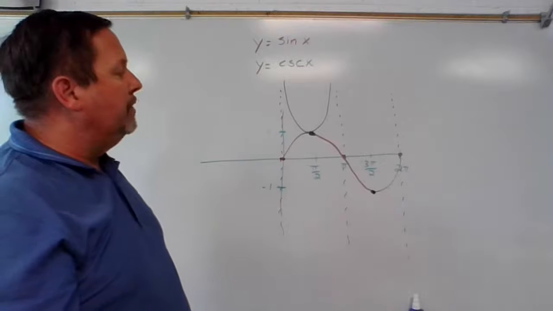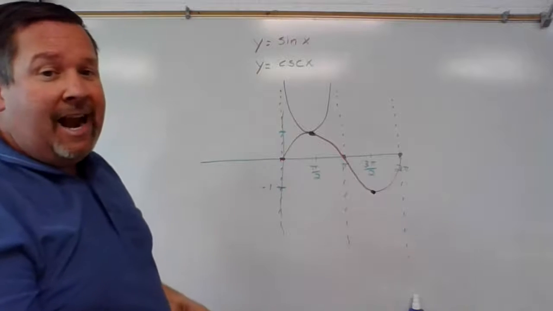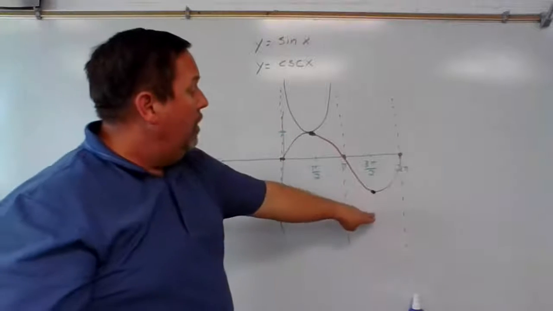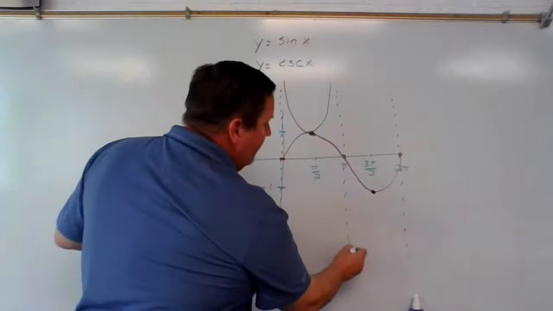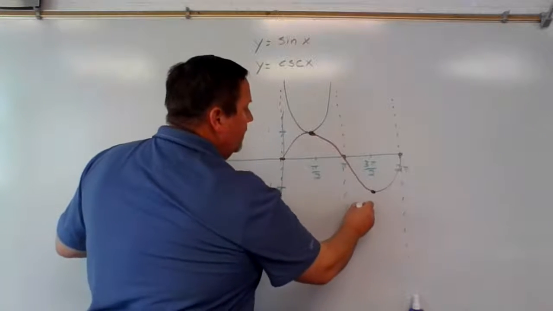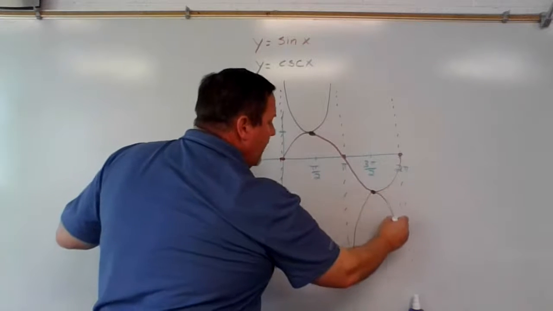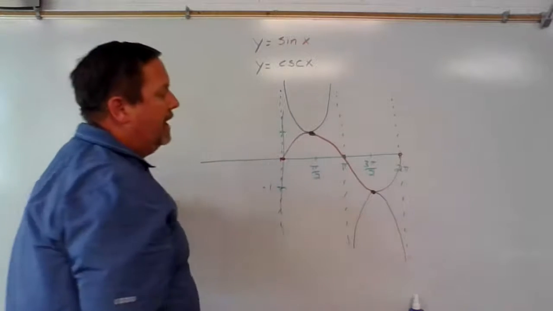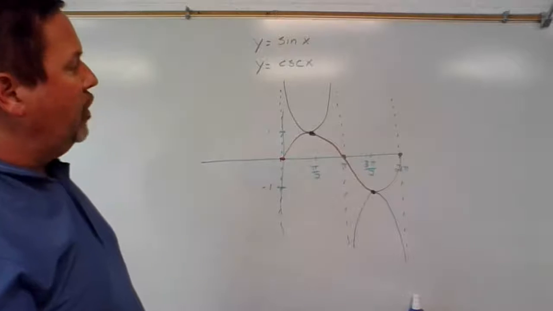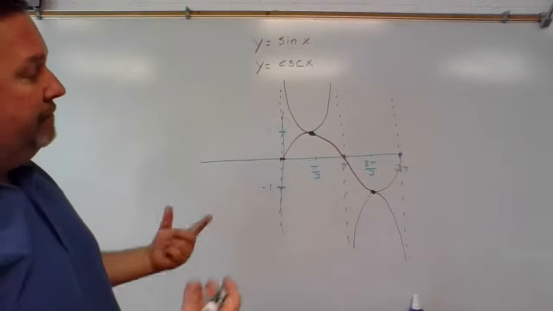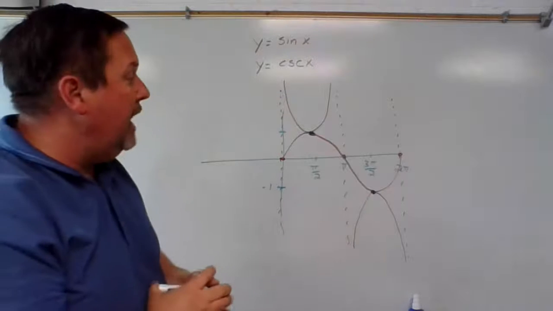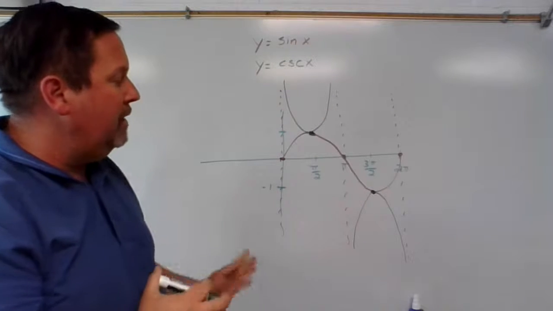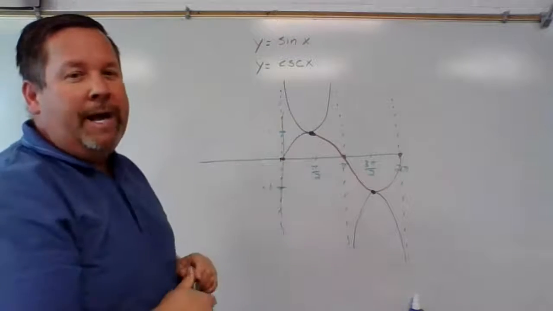It looks like a big old smile. Well, the same thing is going to happen down low over here. It's going to come from negative infinity. Remember, sine and cosecant are both negative at the same time. Sometimes we call that a frown, but I don't want this to be too negative sounding. So someone pointed out, well, it's also kind of the shape of a rainbow.